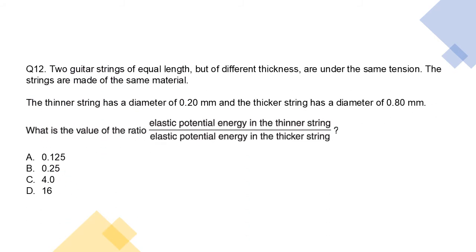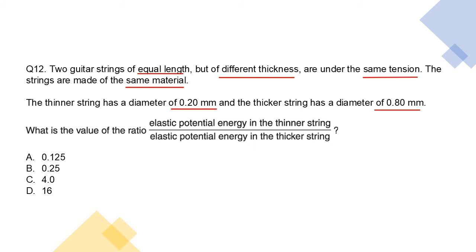Question 12. We have two strings of equal length, different thickness, same force, same material. One has a diameter of 0.2 millimeter, the other has a diameter of 0.8 millimeter. We have to work out the ratio of their potential energy. Now, the equation that we know is half times force times extension.